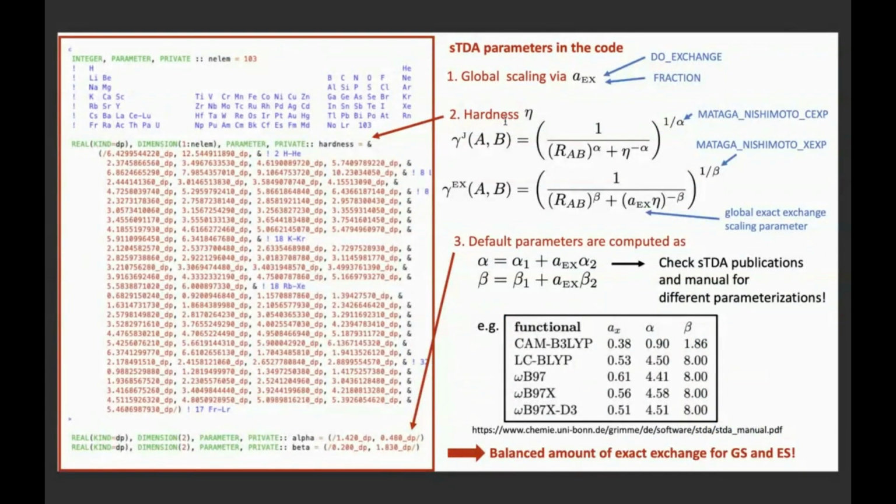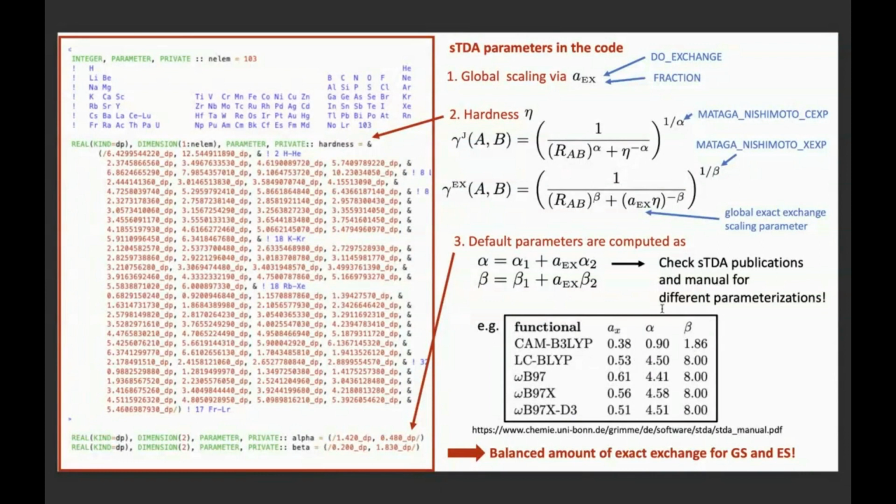For example, you have a hardness parameter, which is listed for the whole periodic table. And then you also have these alpha and beta parameters, where we have defaults in the code, but they are parameterized for a chosen hybrid functional.